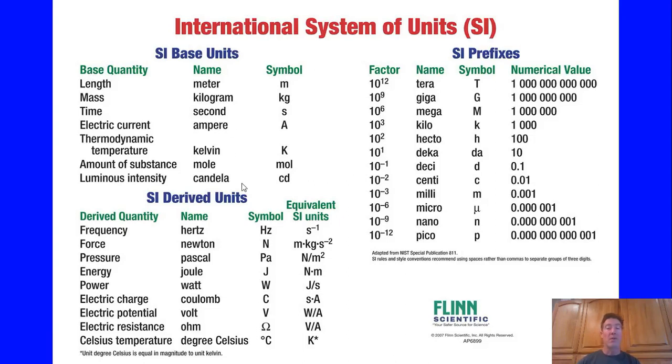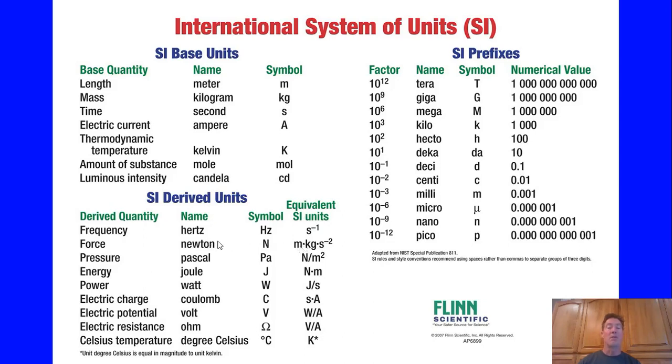So here is a great summary of the units of the metric system. Here are the base units we went through. Here are the derived units. So they are based on multiples of these units. So hertz, for example, is 1 over seconds. Well, that's 1 over this. So here's the base unit. Here's the derived unit. Force is meters times kilograms divided by seconds squared.